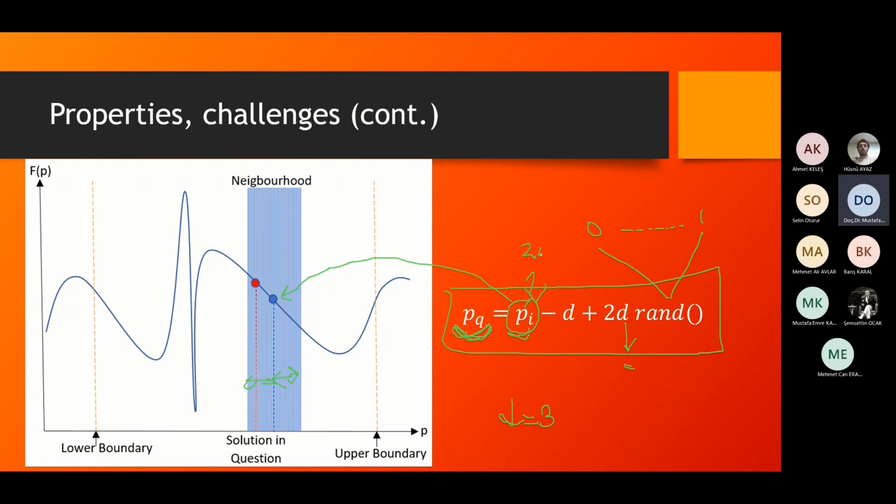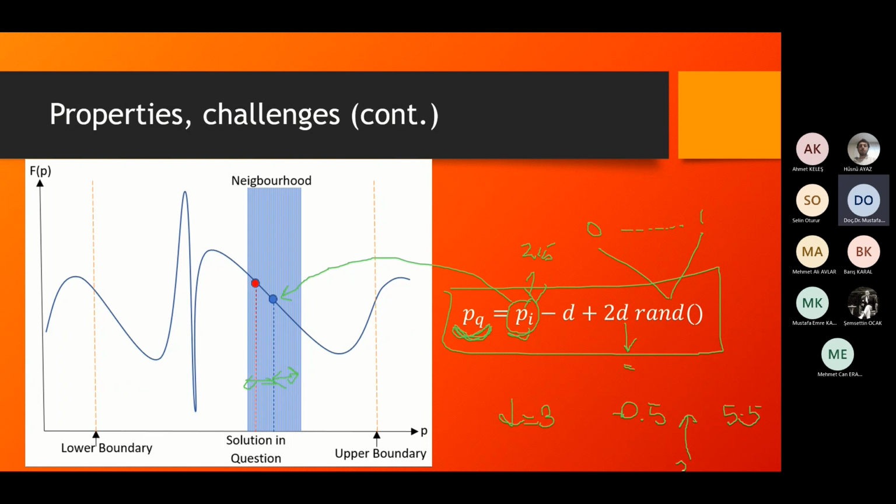So what we are expecting is to find a solution somewhere between, tell me, minus 0.5 and 5.5. Why is that? Because we are currently at 2.5.